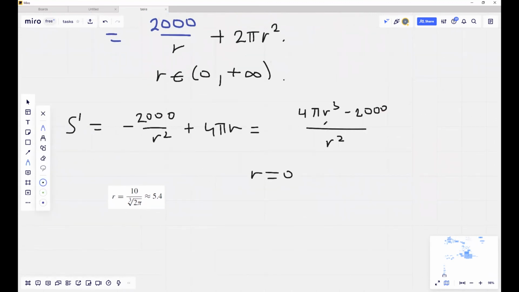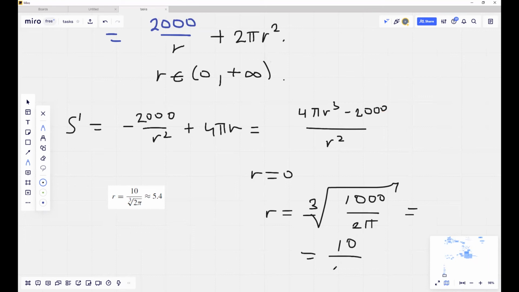The second critical point is when 4 pi r cubed is equal to 2000. That will give us the value of r that is equal to the cubic root of 1000 over 2 pi. So this is 10 over the cubic root of 2 pi, and it's approximately equal to 5.4.